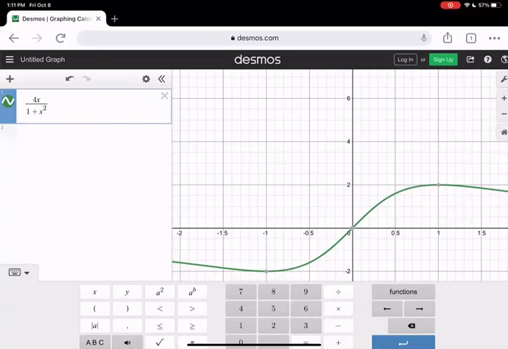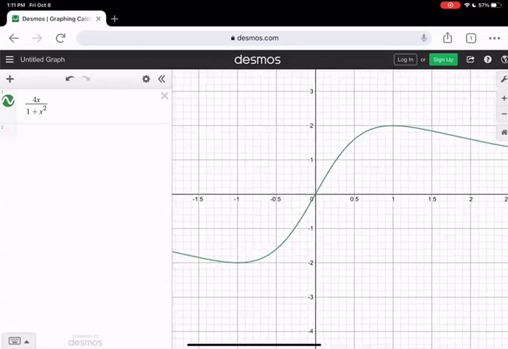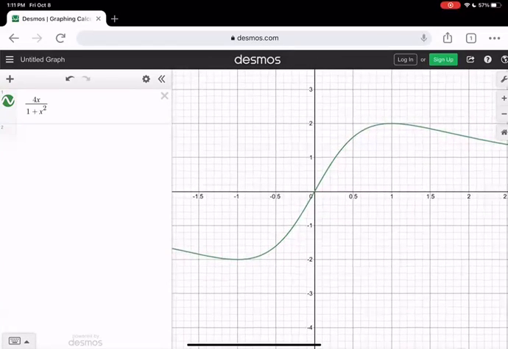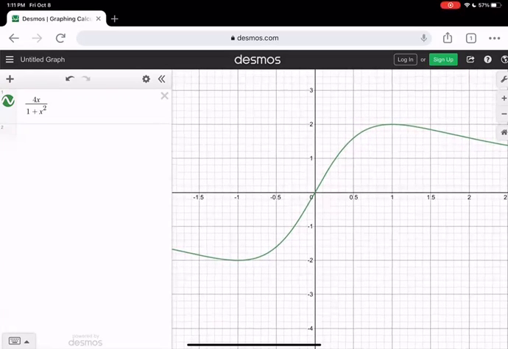All right, so when you type that in, we should be getting a graph that looks something like this. And a cool graph here. And what I'd like us to do first is to identify where those critical points are. So we saw that critical points were here at -1 and 1. And we can see that yes, indeed, we have horizontal tangent lines there.